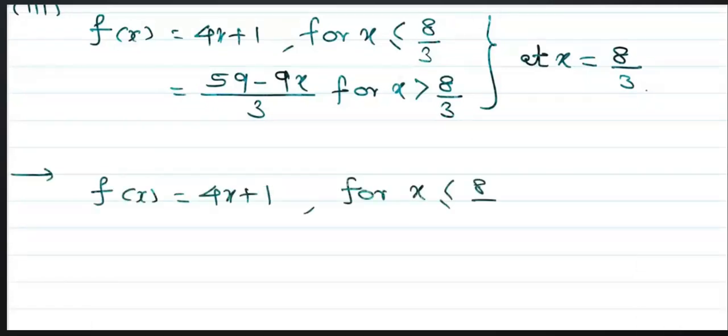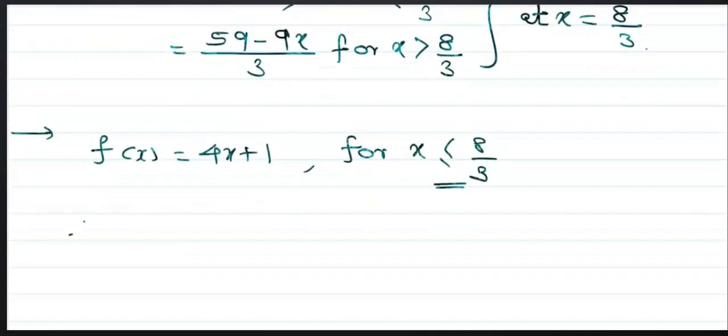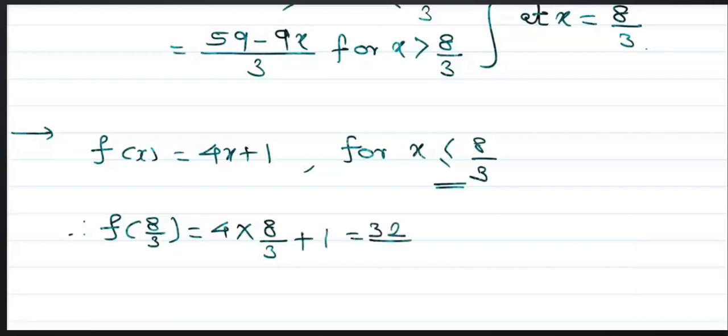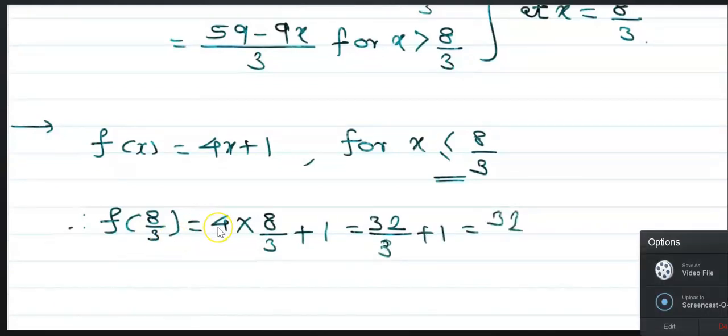f of x is equal to 4x plus 1 for x less than or equal to 8 upon 3. To find out the value at x equal to 8 upon 3, substitute here. f of 8 upon 3 is equal to 4 into 8 upon 3 plus 1, that is 32 upon 3 plus 1.